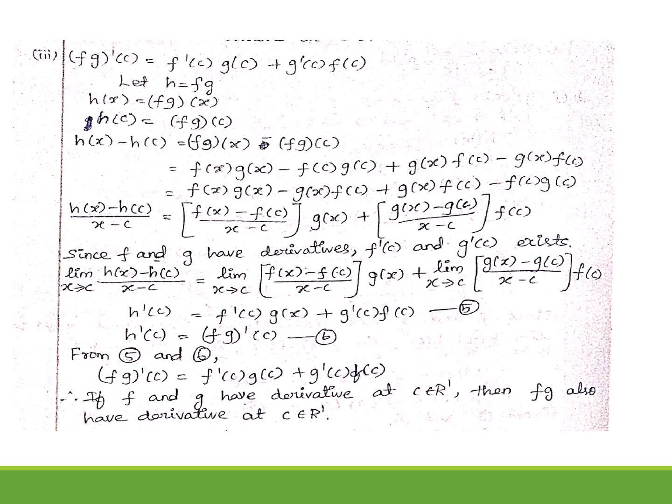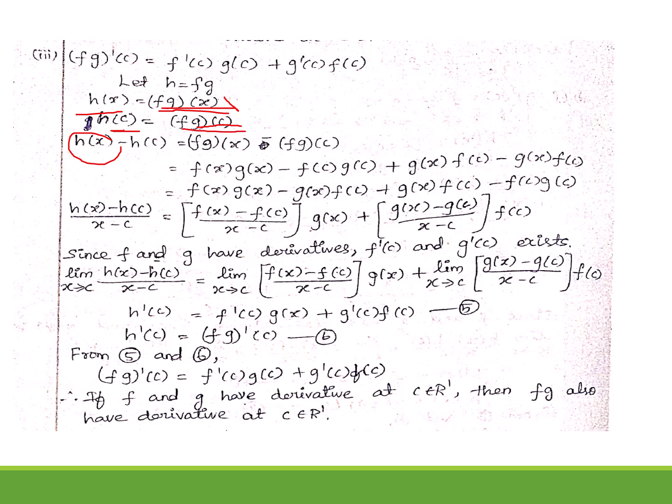Let h(x) equal (fg)(x). Then h(c) equals (fg)(c). Here h(x) is the value of fg at x, and h(c) is the value of fg at c.